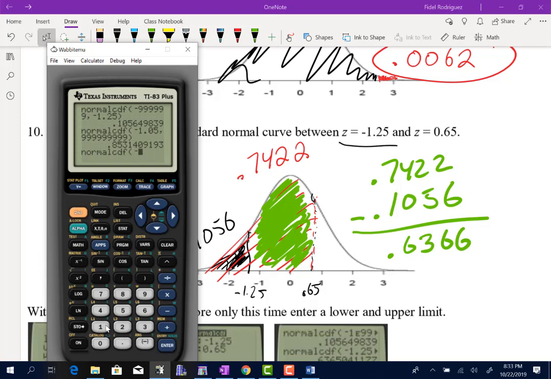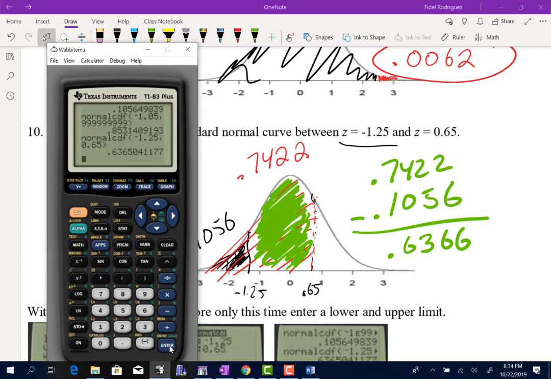Very good, negative 1.25, okay, comma, what's my upper boundary going to be? 0.65, okay, and we're going to close it off, and we should be coming up with what number? 66, it should be. We came up with 65, so maybe we did a little round off error. But are we pretty close? Yeah, we're pretty close, right?